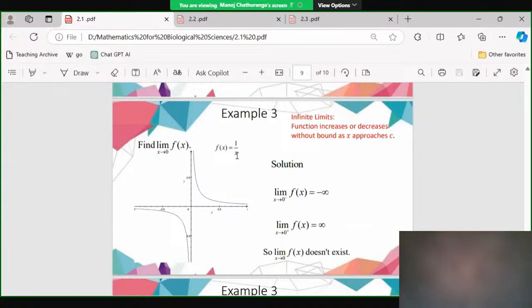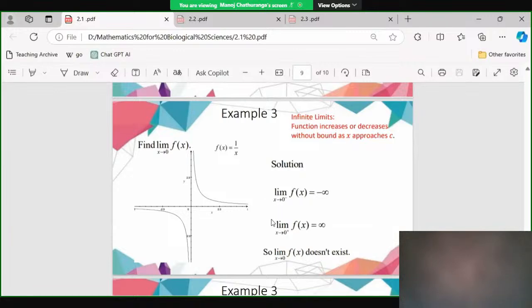The same thing happens with negative numbers. For a negative number with a very small absolute value, you get a huge negative number. So when you go to 0 from the right-hand side, on the graph you're climbing up and up and up, going to infinity.